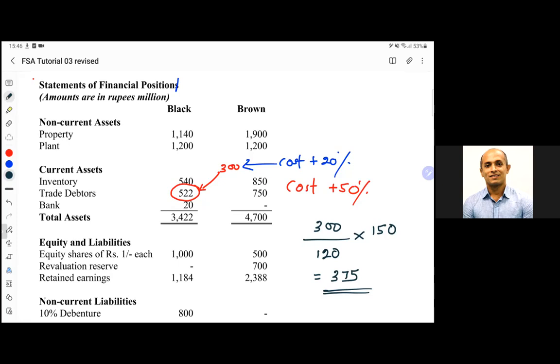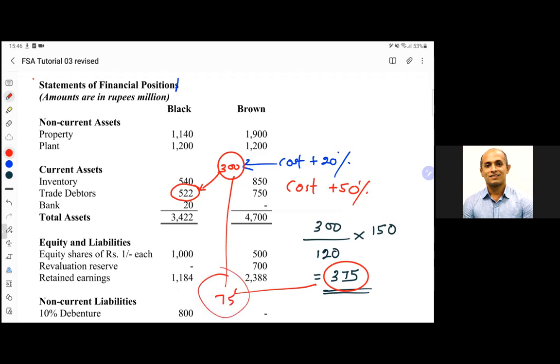But the company has recorded it at 300. If it is done at the usual price, 375, then the adjustment is 75.